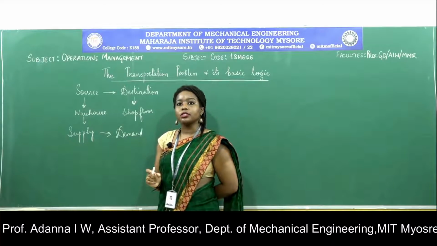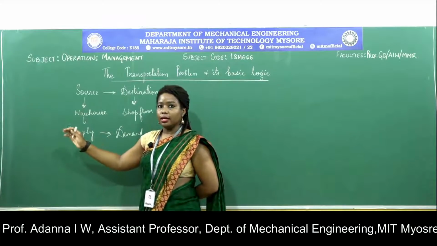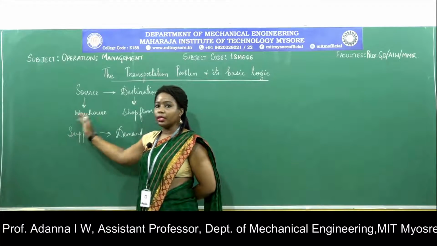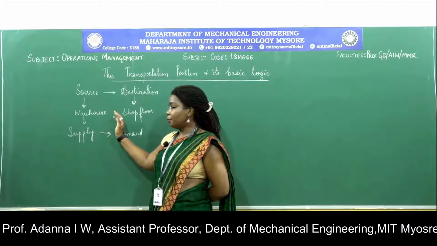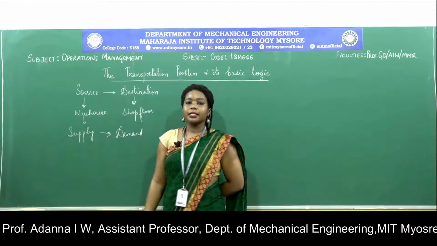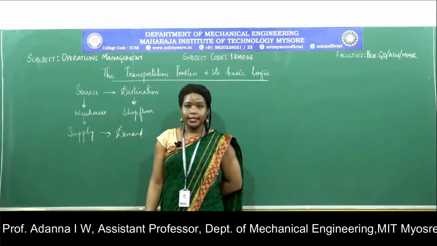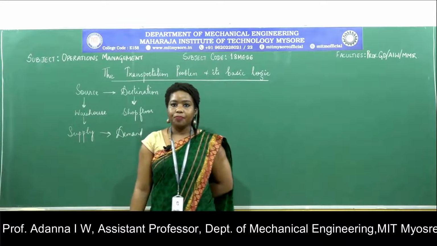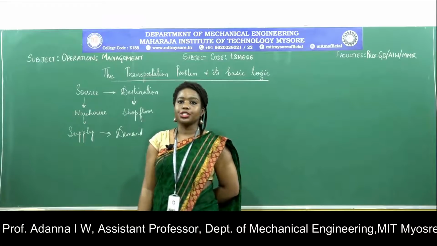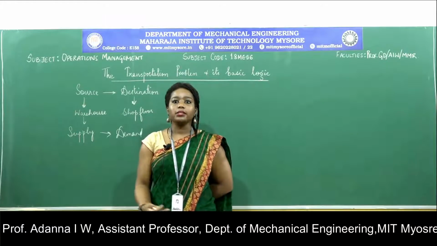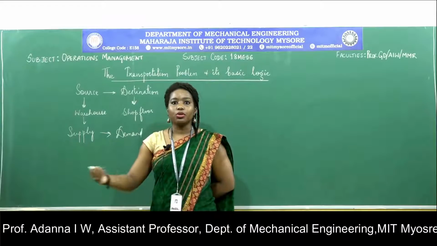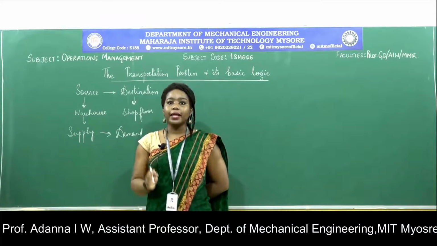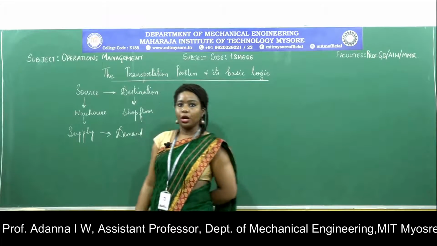So how much will it cost me to send a certain amount of material or carry out a certain operation from here to here? When I form this into a matrix, the matrix will carry all the costs related to this particular operation. I'll give you an example of how a transportation matrix looks and how we can solve it, because before we move on to creating an aggregate plan with transportation, you need to understand the basic logic behind the transportation problem.